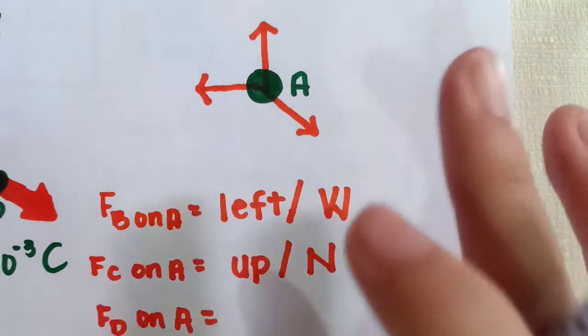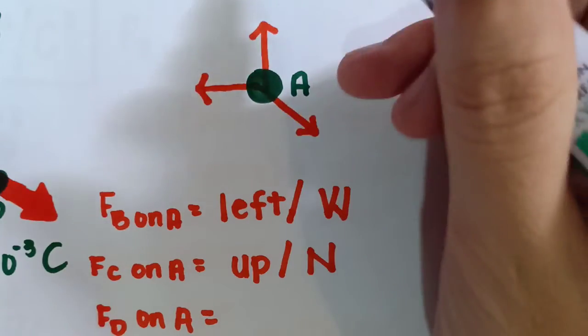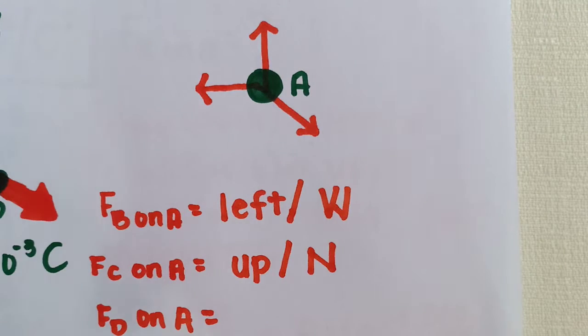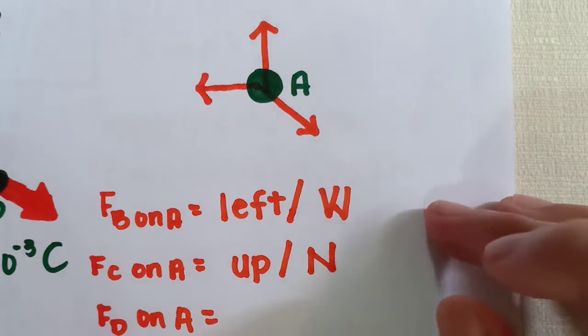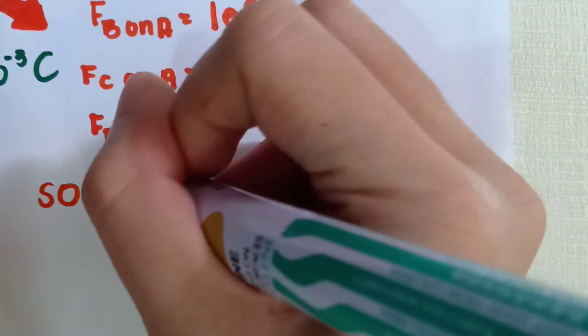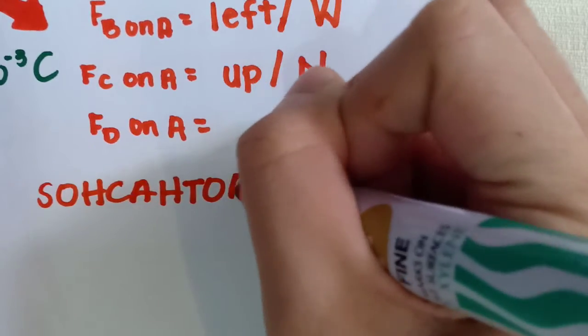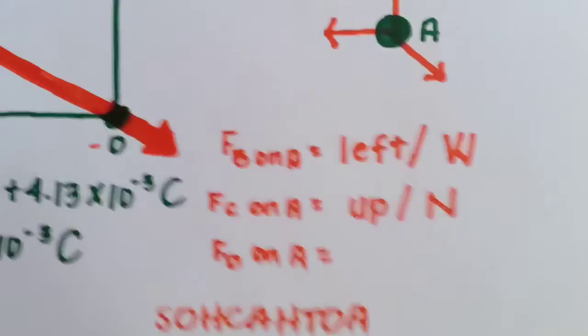We really need to know the angle if it isn't straight. So how do we look for the angle of FD on A? What we will do is use the concept of SOHCAHTOA.